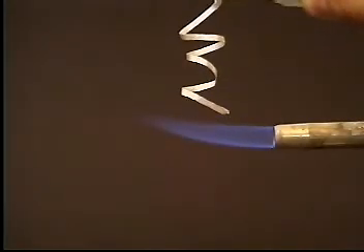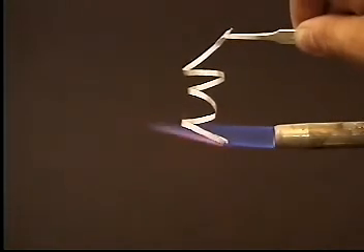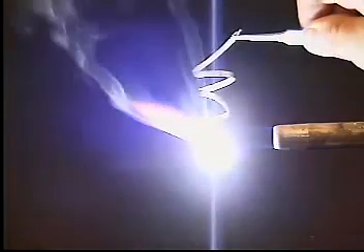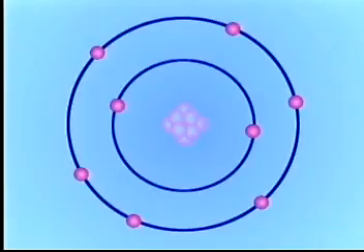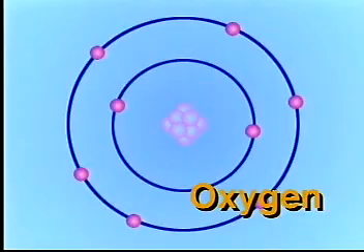In this burning piece of metal, an atom of magnesium with a small number of electrons in its outermost shell donates electrons to an atom of oxygen that needs those electrons to fill its outer shell. Here you can see an atom of magnesium with 2 electrons in its outermost energy level, and an atom of oxygen that has 6 electrons in its outermost energy level.